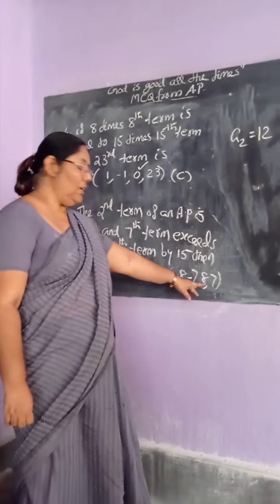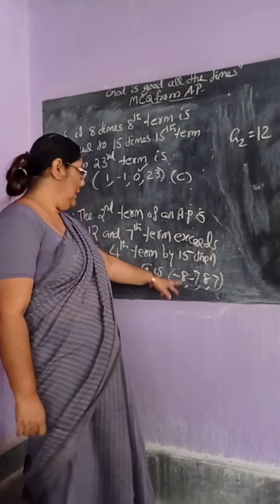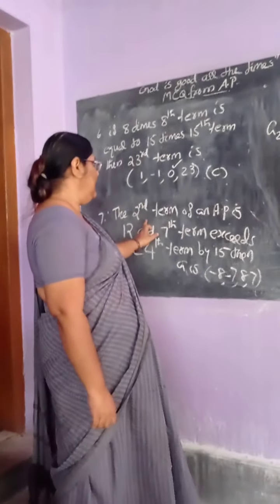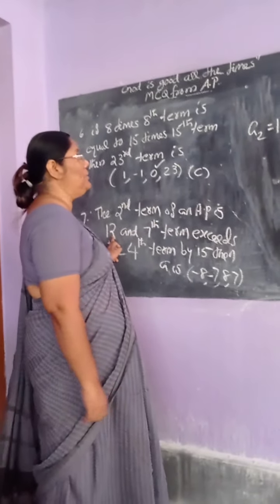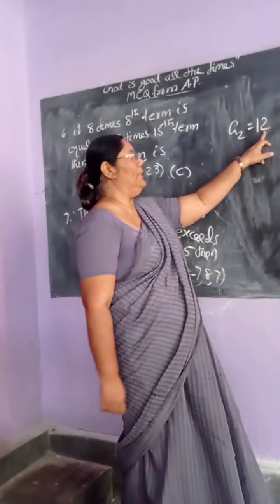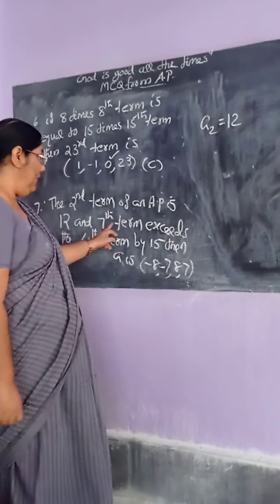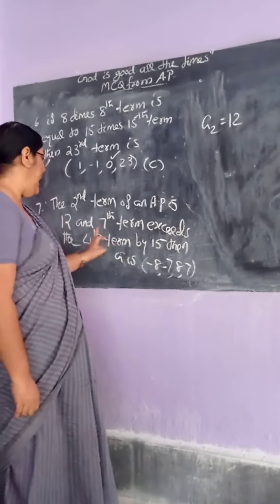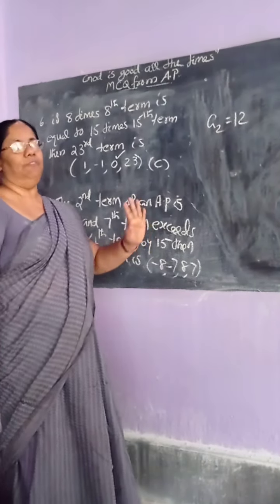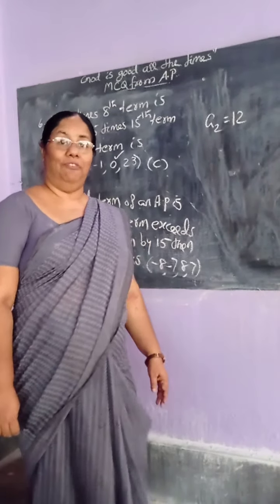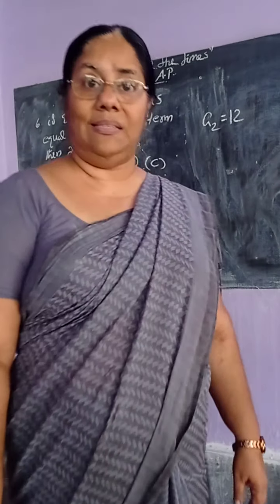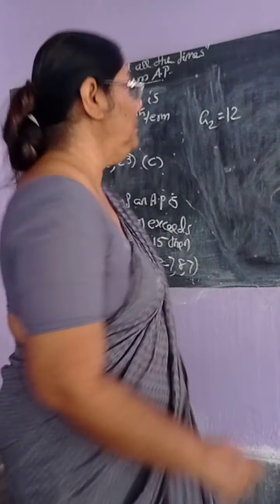Here the options are also given. Then what's the condition given? The second term of an AP is 12. That means A2 equal to 12. And the second condition, the 7th term exceeds the 4th term by 15. How can you convert that into a mathematical sentence? 7th term, that means A7.